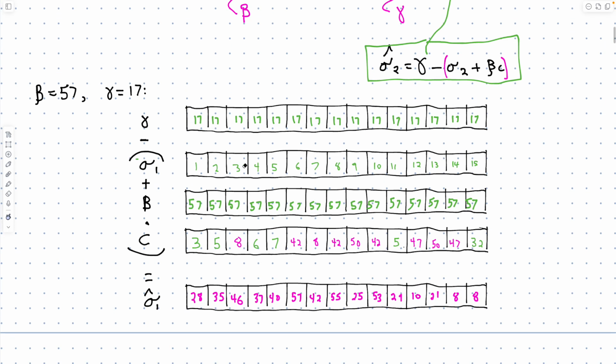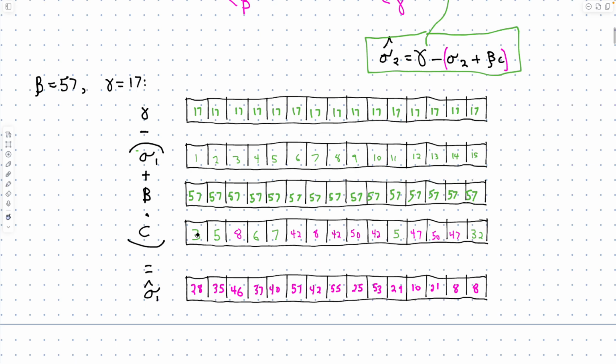Sigma 1 is 1, 2, 3, 4, 5, 6 to 15. And then C is our circuit trace, okay? And so it's 17 minus 1 plus 3 times 57.